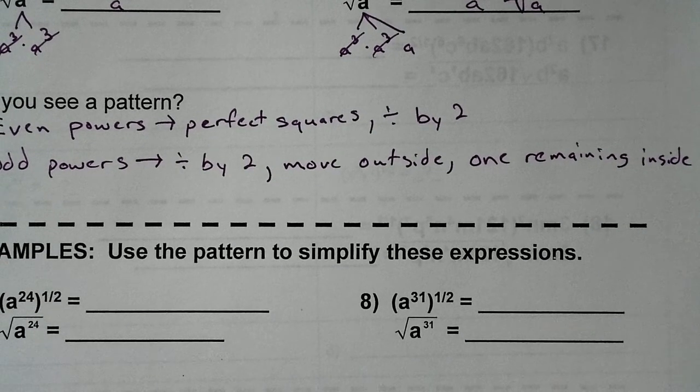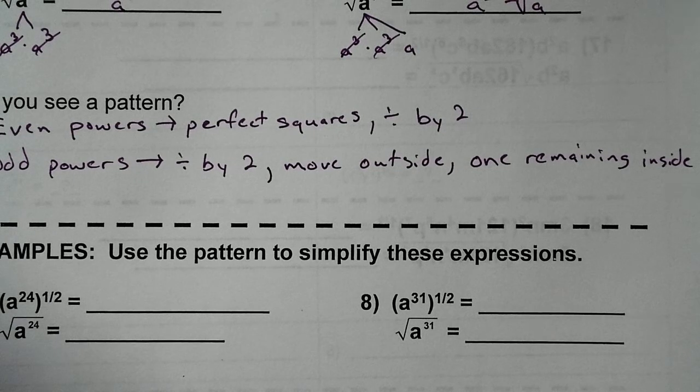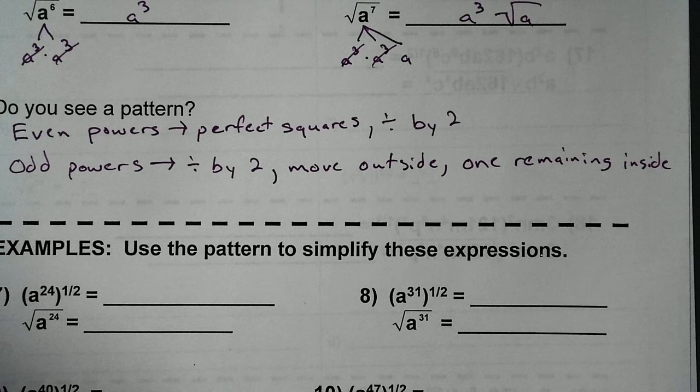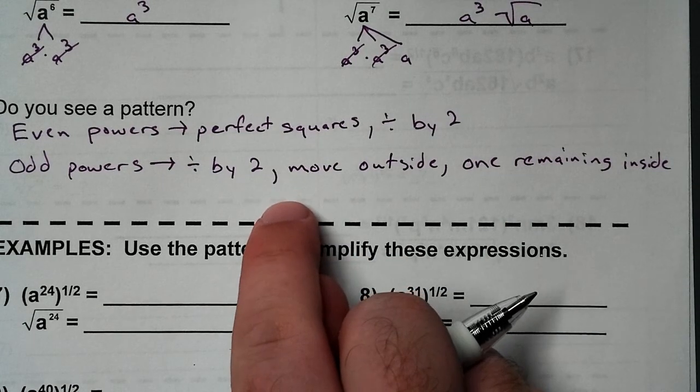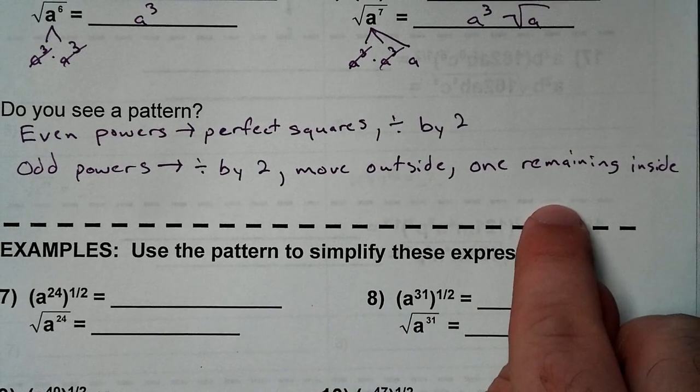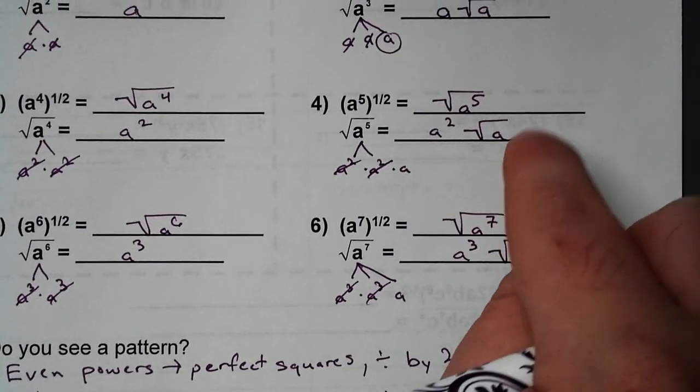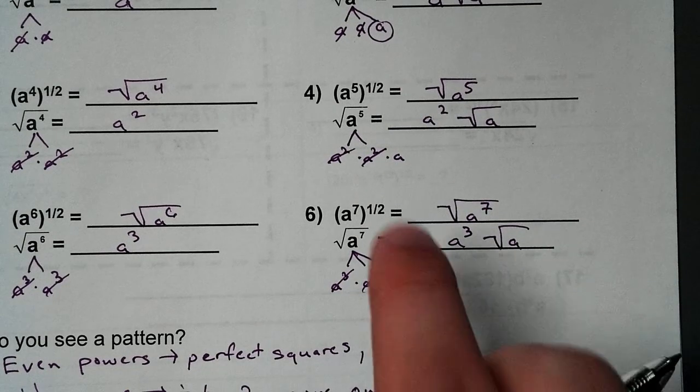So for the even powers, you're just going to divide by 2 because it's a perfect square. For the odd powers, you're going to divide by 2, and you're going to have to leave 1 remaining inside. Every single one of these had 1 left over on the inside, right? Because that didn't cancel.